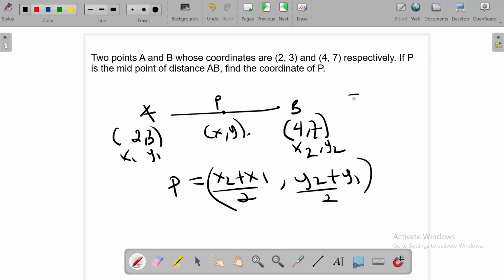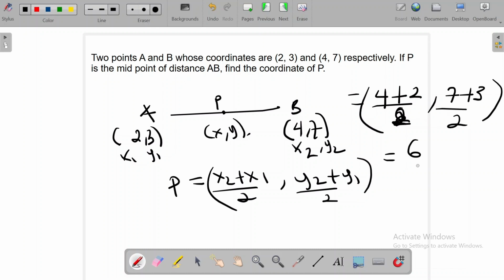And this gives me, what is my X2? 4 plus 2. Y2 is 7 plus Y1, that is 3, divided by 2. So this gives me 6 over 2 and 10 over 2.